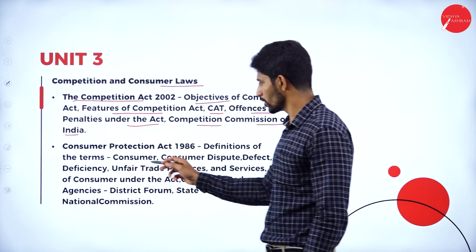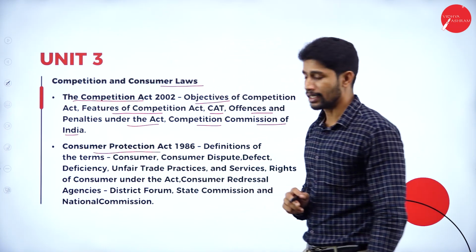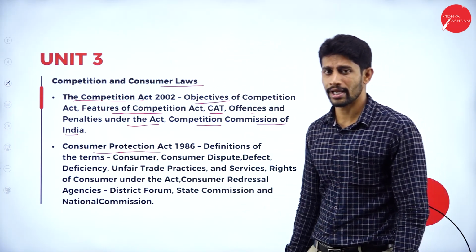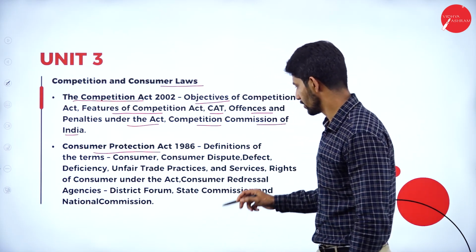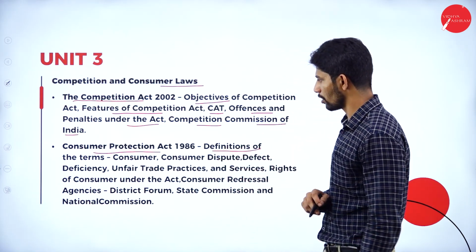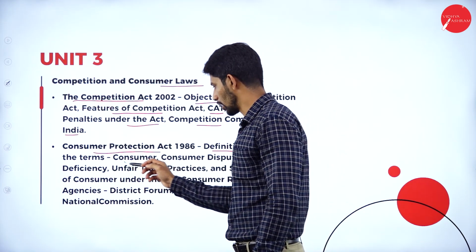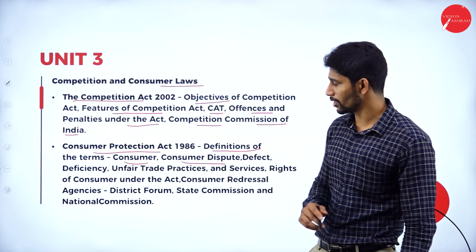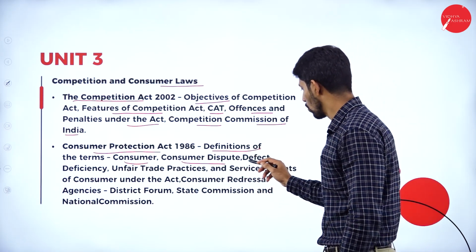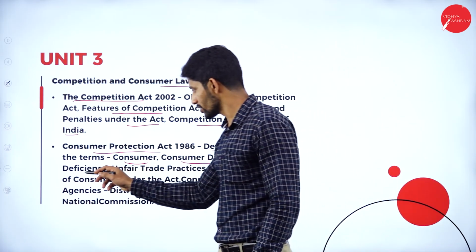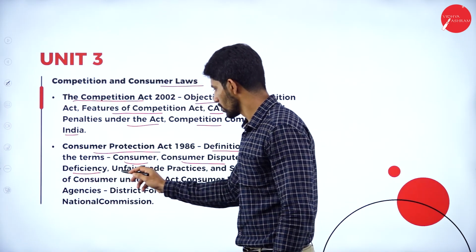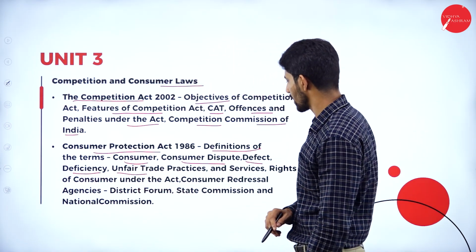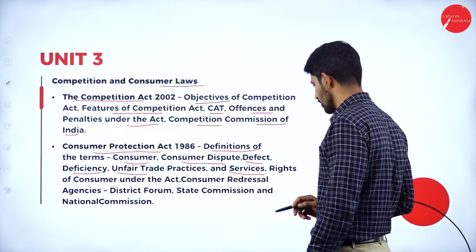Next one, Consumer Protection Act 1986. Under this you are going to study the definitions of terms: the meaning of consumer, the meaning of consumer dispute, what is defect and what is deficiency, what is the meaning of unfair trade practice and services.